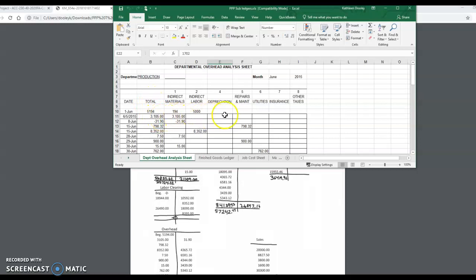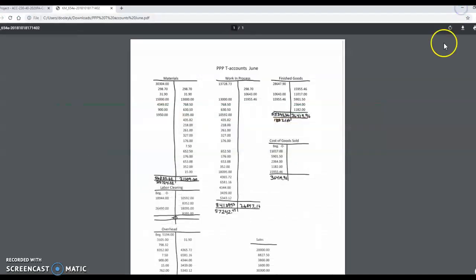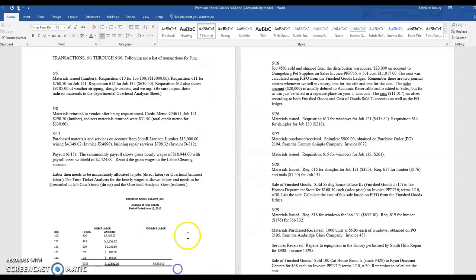Then we have to break that down into what kind of stuff that was: indirect materials, indirect labor, depreciation, repairs, utilities, insurance, or other types of taxes. So this was indirect materials, so we're also putting the $3,105 into that overhead analysis sheet. Okay, so that takes care of June the 5th.